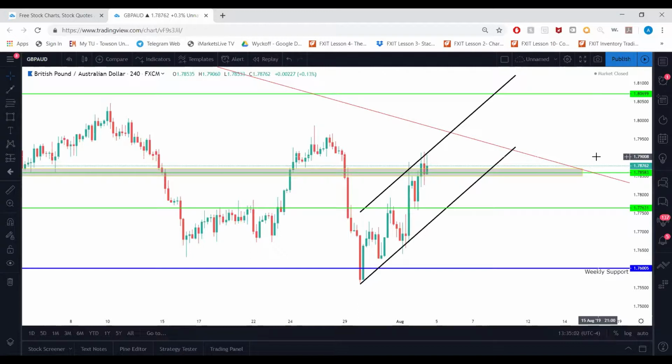Then patterns like butterfly, deep crab, bat. There are so many, and they're composed of Fibonacci retracements. But while you wait for those patterns to develop, you can already monetize a lot with simple price action. That's pretty much all I do.